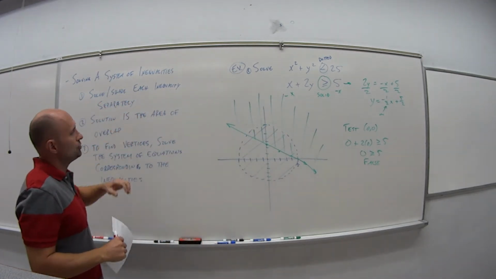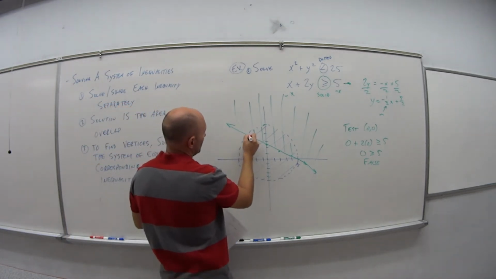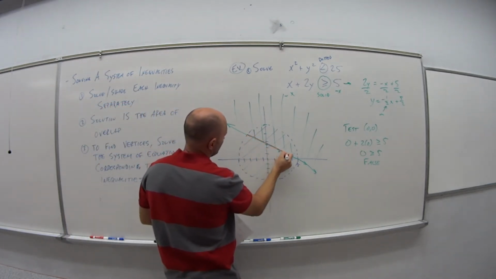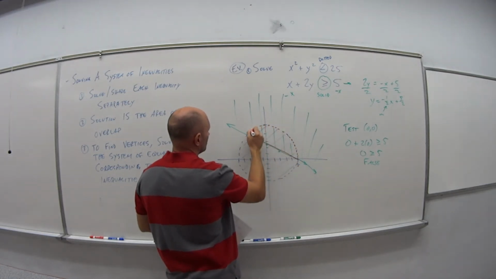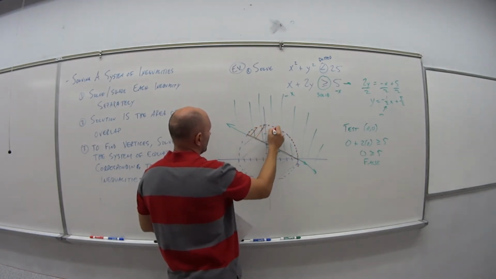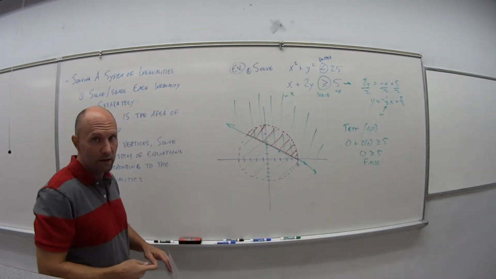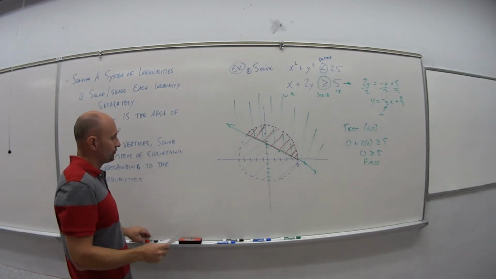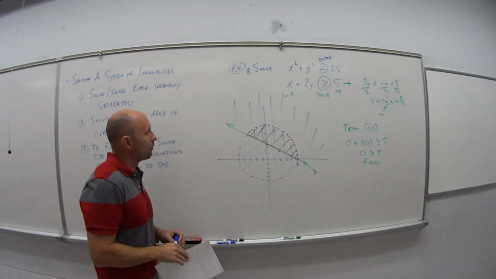So the solution is the area of overlap, which would be what? It's this solid line to this dotted part of the circle, and it's everything inside of here. So the red is my actual solution for this system of inequalities.